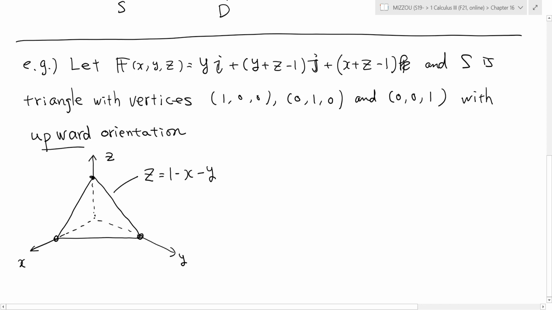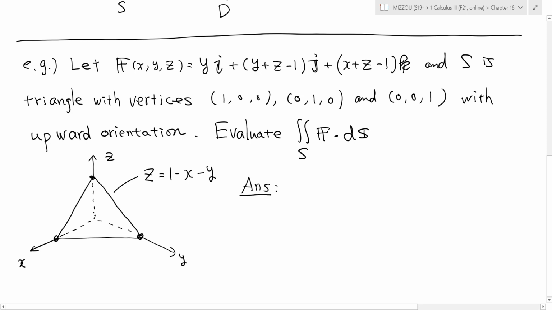And then upward orientation, so the orientation is in this direction instead of going downward. If you look at this point, it goes this way. That's the orientation of our S. Then the problem is to evaluate the integral of F dot dS.